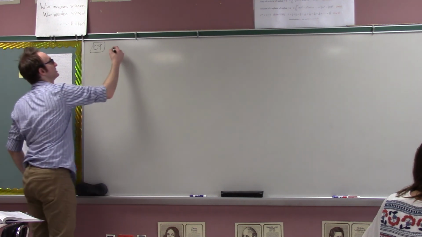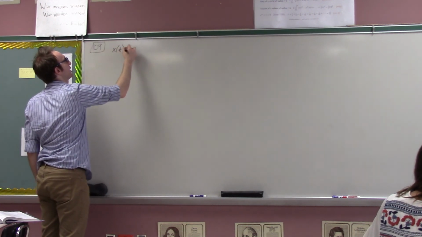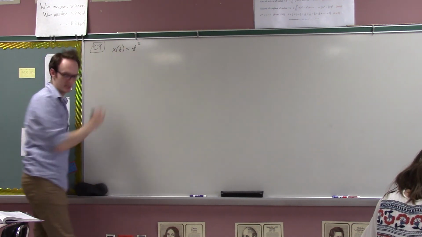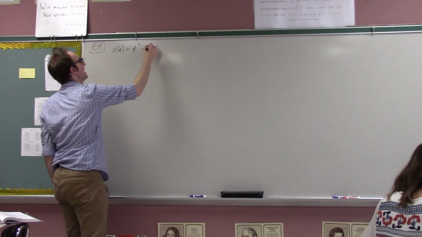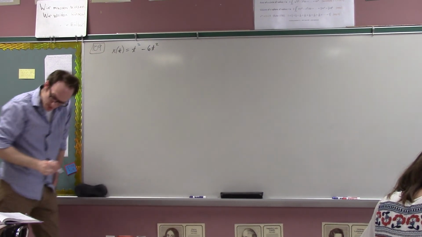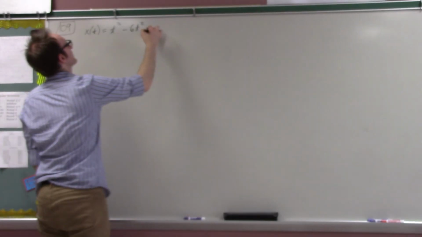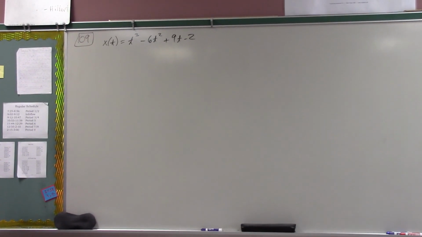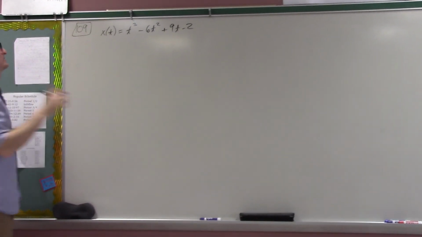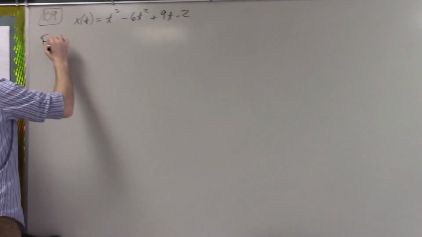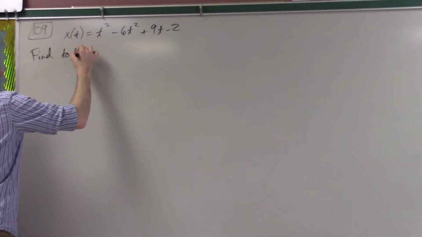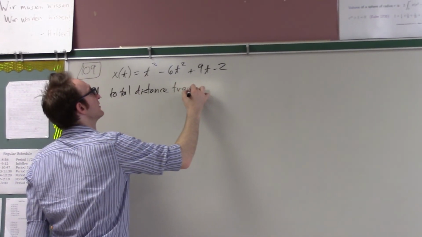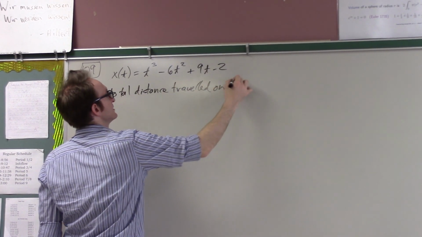And then they give you some position function: t cubed minus 6t squared plus 9t minus 2. The goal is to find the total distance traveled on the interval 0, 5.